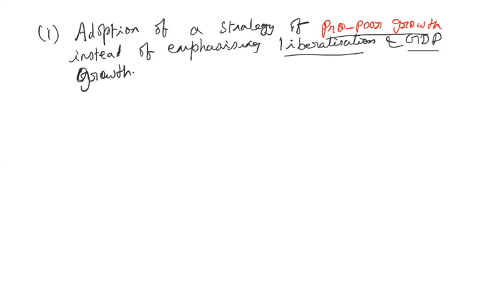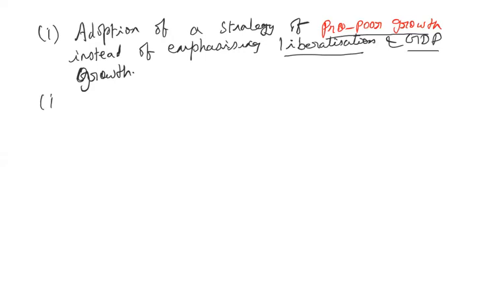So that is against the poorer sections of the population, isn't it? So if the country has to follow a pro-poor strategy, then agriculture has to be given importance. Whatever is required to develop the poorer sections of the population should be given importance rather than liberalization and GDP growth in the country. So that is the first thing.